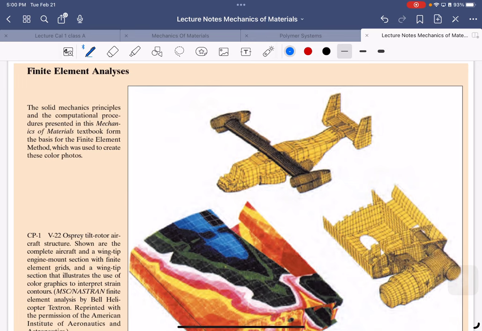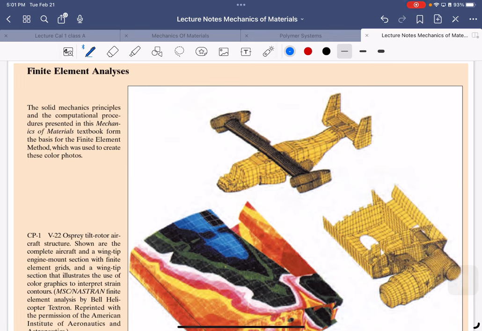Okay. So in the finite element method, if we have, okay, this is the material. Imagine that this material is composed of small parts that we call nodes. Okay. So we can connect the nodes, and then with some computation, using some software, we can determine how the stress is distributed.